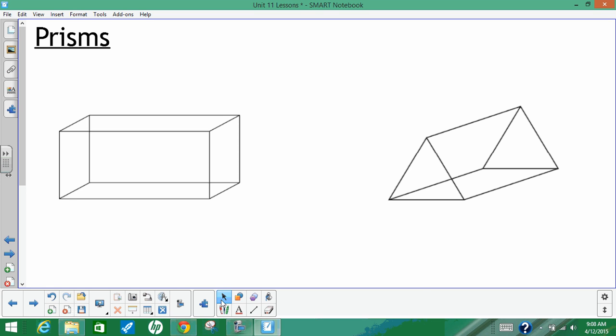And what prisms are is, if we have a geometric shape, so here we have a rectangle, and then we have another rectangle that's congruent to it.